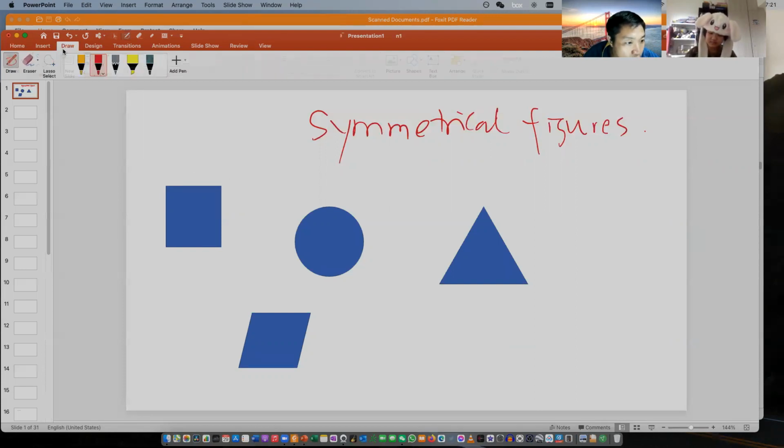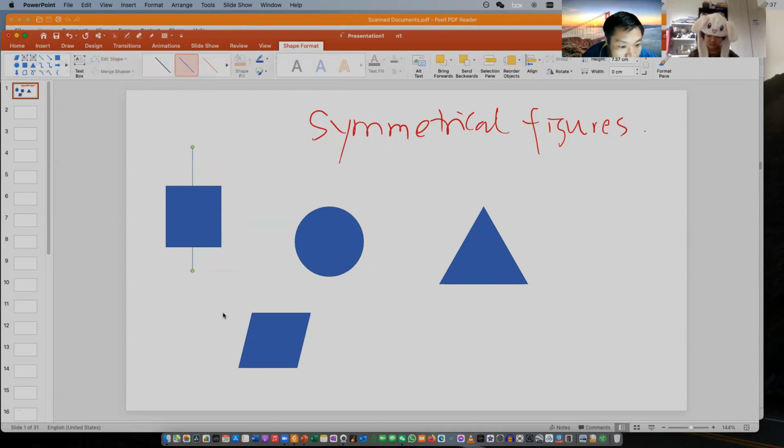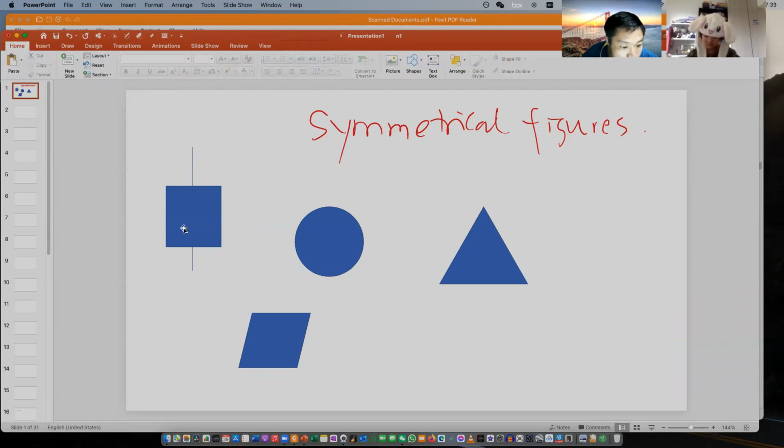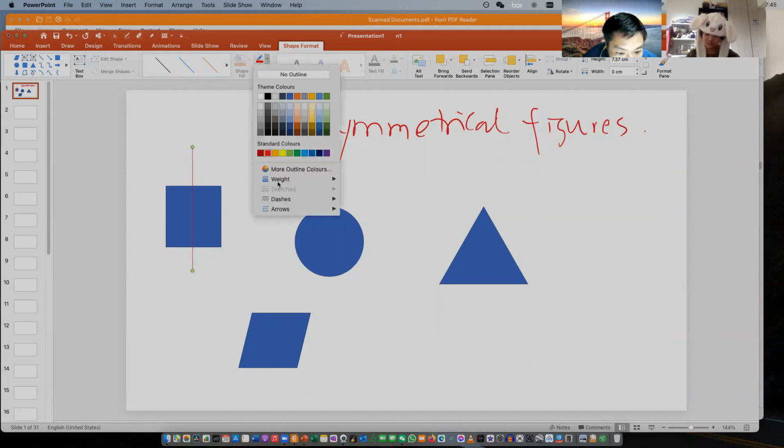So take a look at this, let me use a straight line. Let's look at the first one. Let's assume this is a square. In fact, there are many lines of symmetry for this figure. You can do it this way, or you can also do it this way. I need to use a different color so that you can see the symmetrical lines clearly.